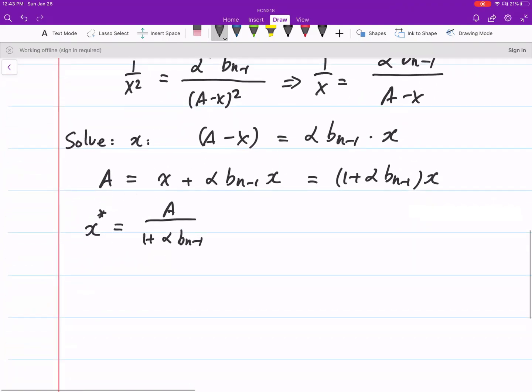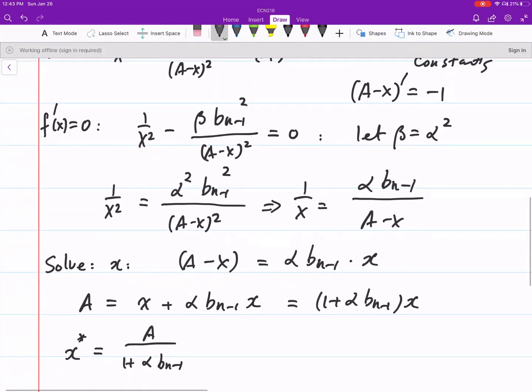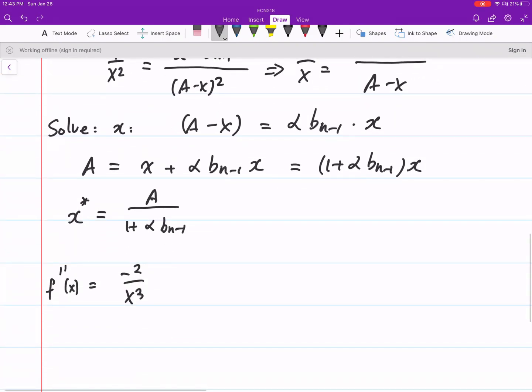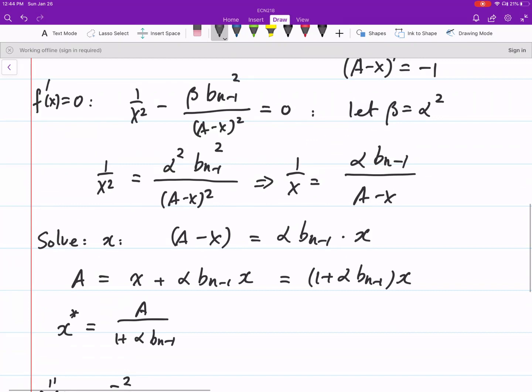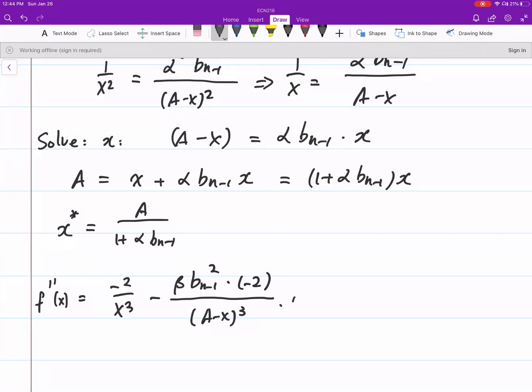Then we look at the second order derivative test. We will again have negative 2 over x cubed. We look back at the derivative here and take the derivative one more time. We will again have many negative numbers, but that's okay: beta Bn minus 1 squared, negative 2, and A minus x cubed, multiplied by negative 1.